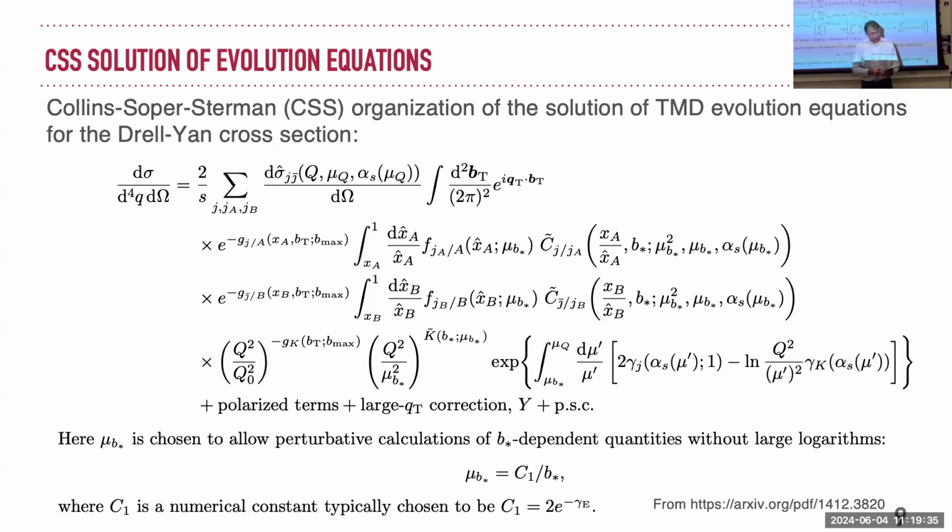Let's not do this. Let's actually do it, we have 20 minutes. Perfect. I want to show every single ingredient there and tell you how it is derived and where it comes from. I guess we usually don't have full-blown courses in TMD physics, so you might not see this.